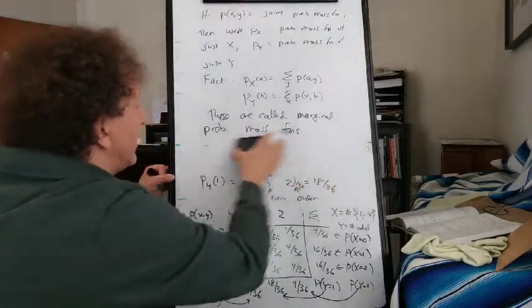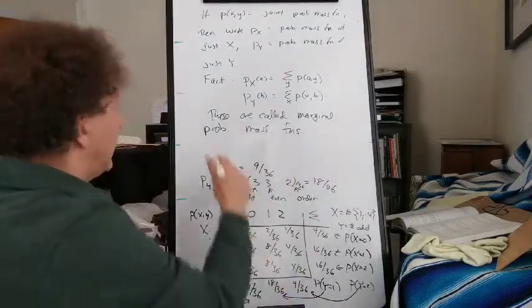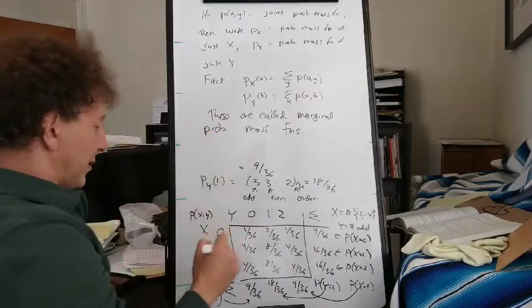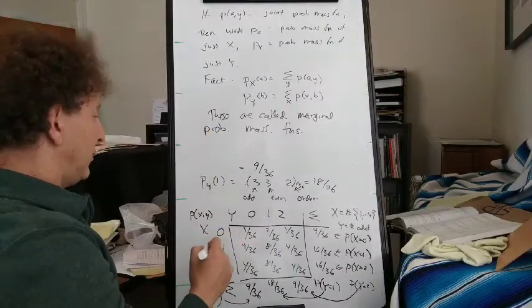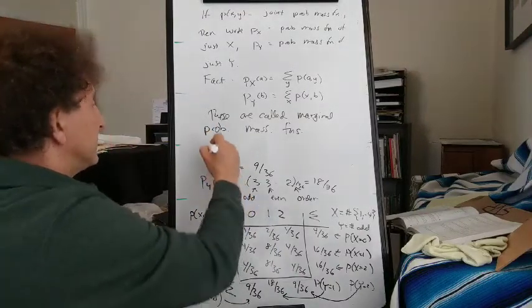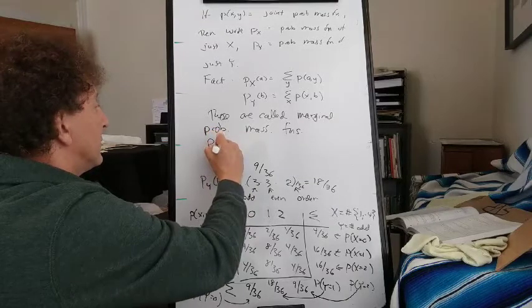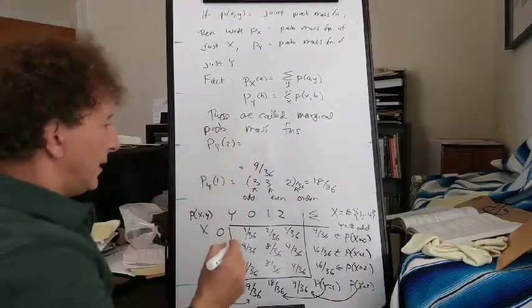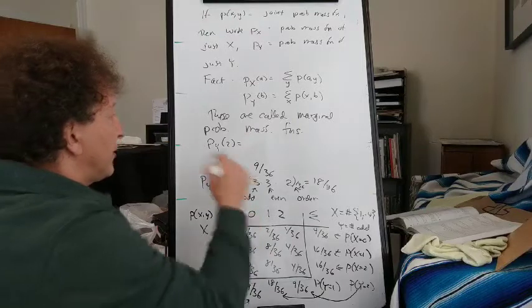And let's look at the marginal probability that y equals 2. How can it be that we got 2 odd numbers?